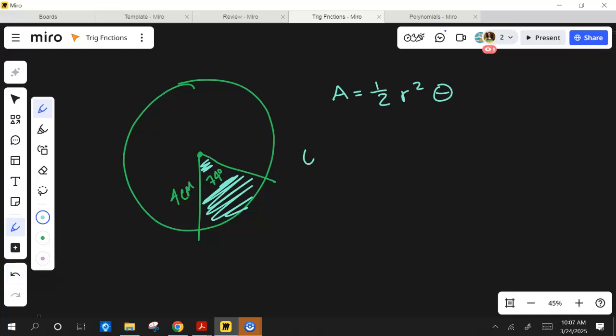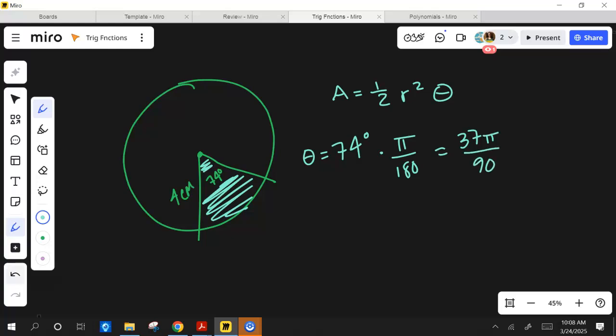So theta here is 74, but it can't be in degrees. I need to change it to radians. So how am I going to do that? Pi over 180. So tell me what my theta is. 37 pi over 90 radians.